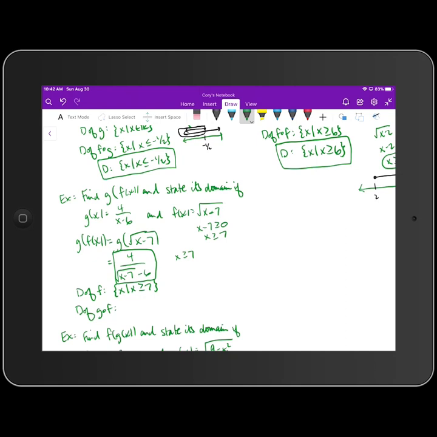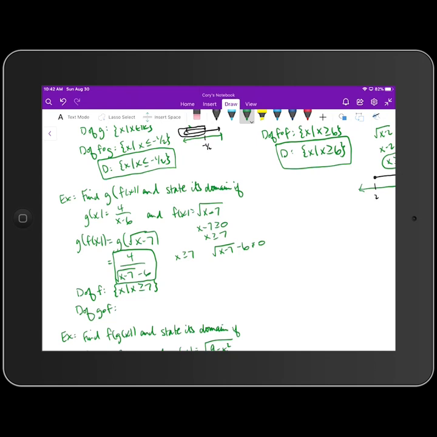The second thing we have to worry about as far as domain is concerned is because this function is rational, our denominator cannot be equal to 0. So I have to go through and solve that equation as well.